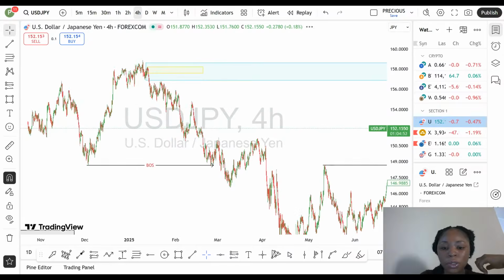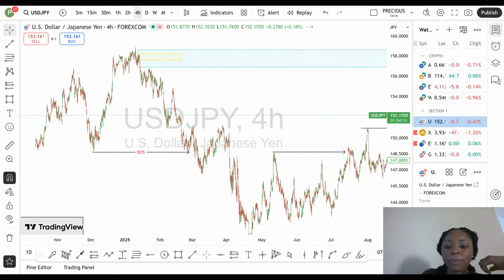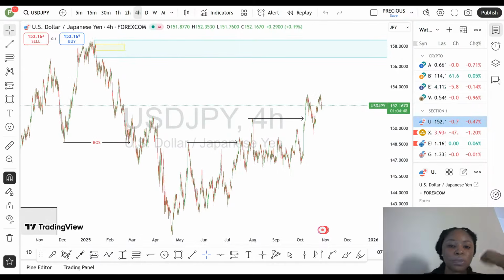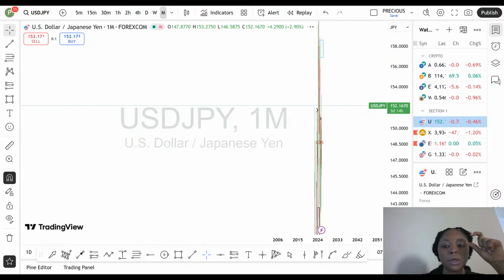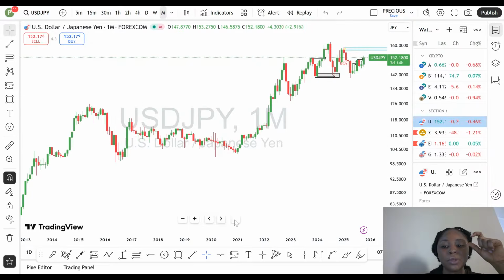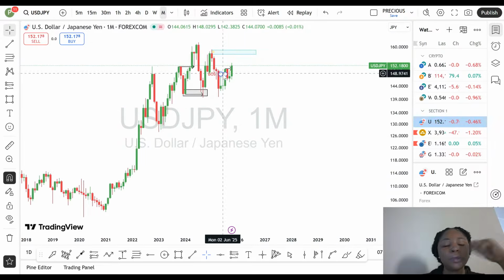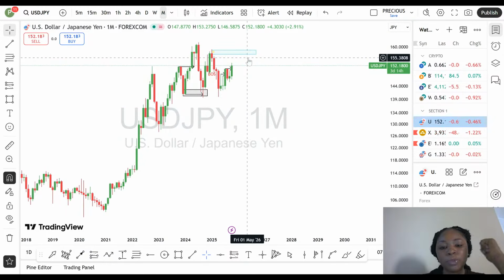If I'm a swing trader and I want to trade, what I'm going to do is still go to my monthly time frame and see when price gets into that region on 1 hour or on 4 hour, whichever time frame I'm trading from is my entry.